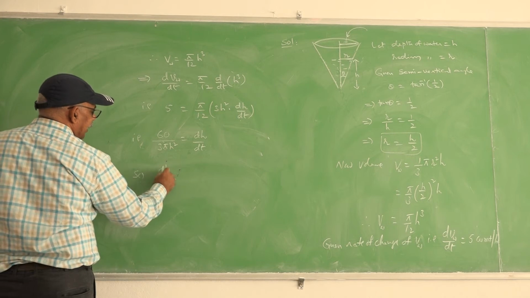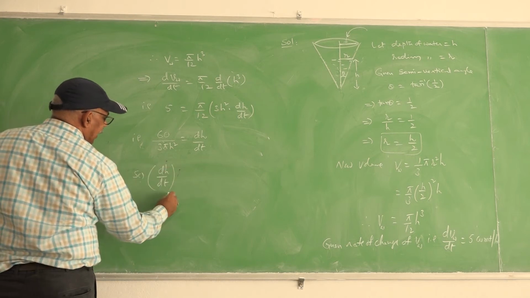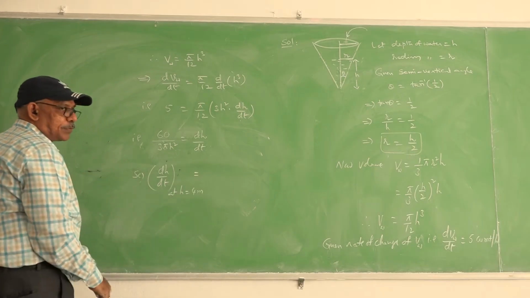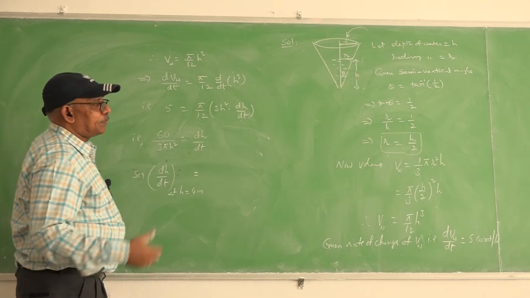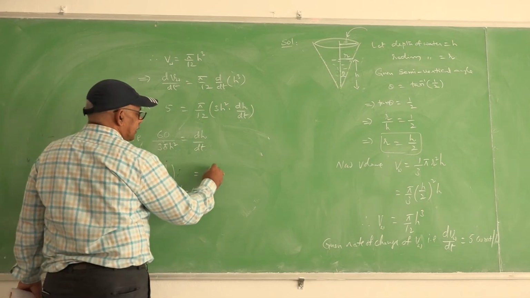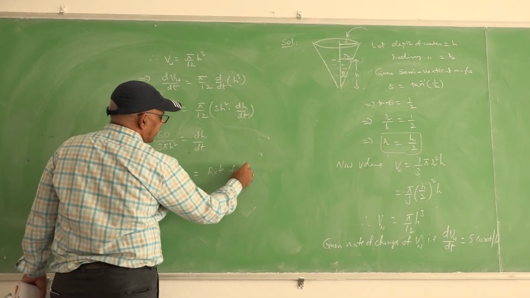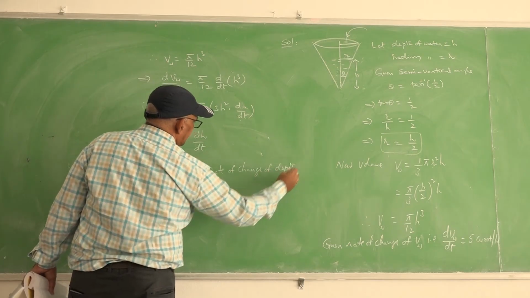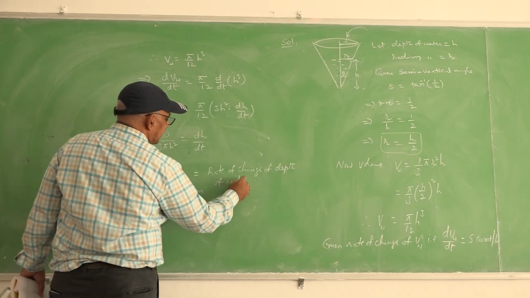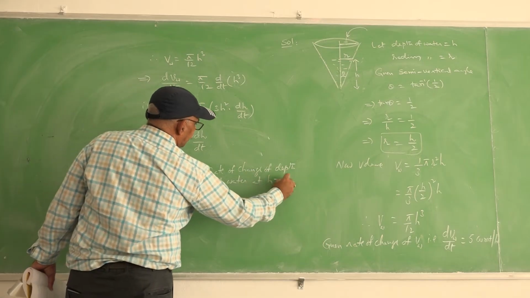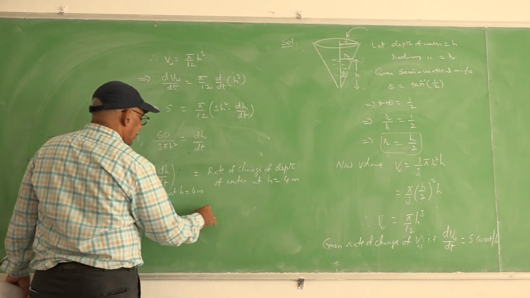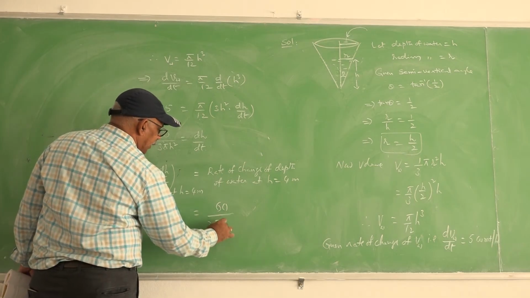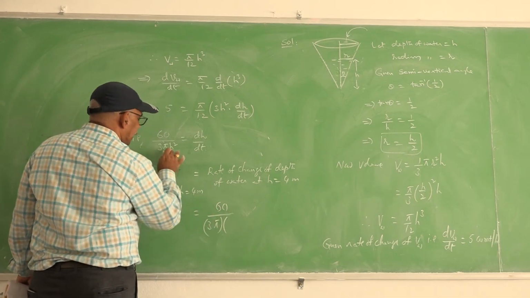So dh by dt at h equal to 4 meters, the rate of change of depth of the water at h equal to 4 meters, equals 60 by 3 pi into h square.